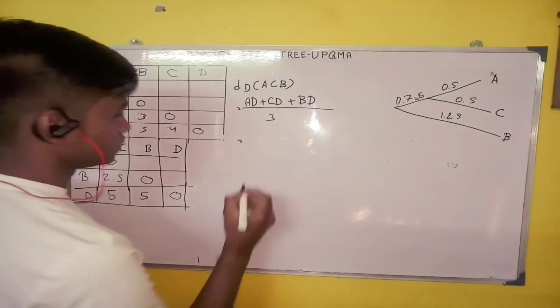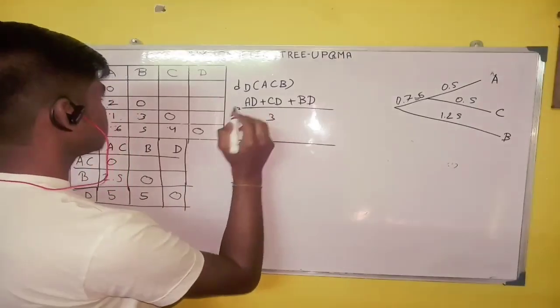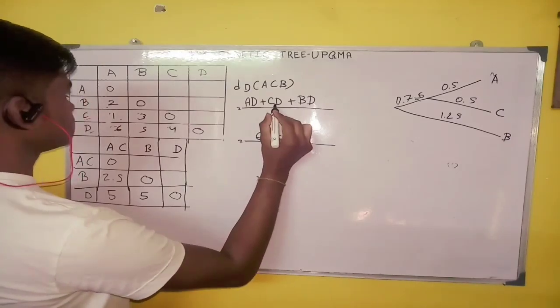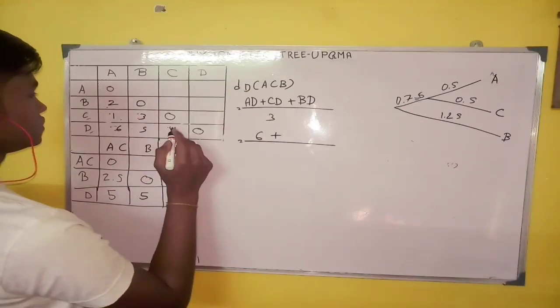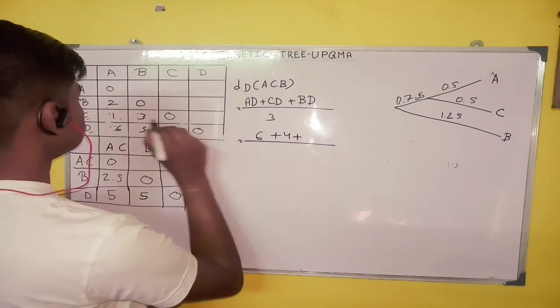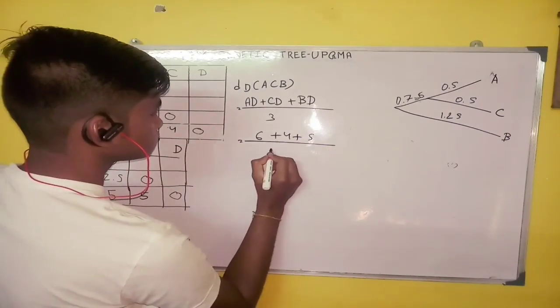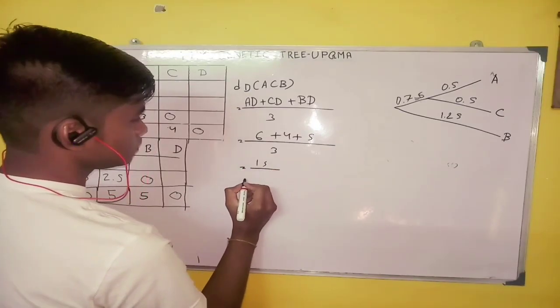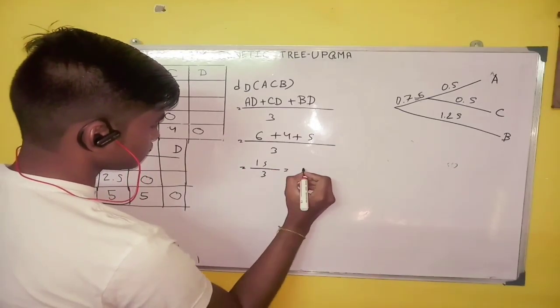AD is 6, plus CD is 4, plus BD is 5, divided by 3. 15 divided by 3, the answer is 5.